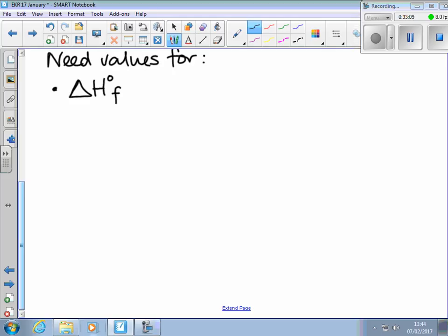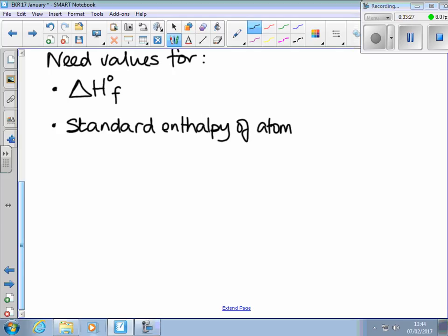But we'll get onto them in a minute. So once we've got that, we're on our way. The next thing we want is then standard enthalpy of atomization. And that, quite neatly, is one of these with an A.